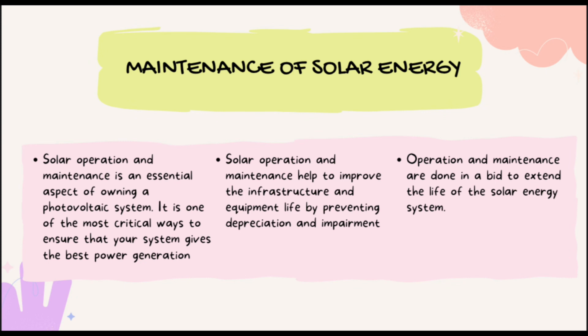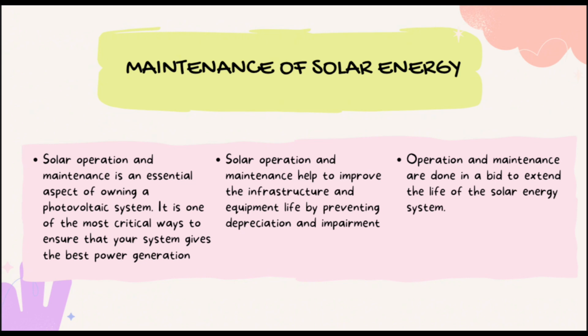The second one helps to improve the infrastructure and equipment life by preventing depreciation and impairment. And the last one is done in a bid to extend the life of the solar energy system.